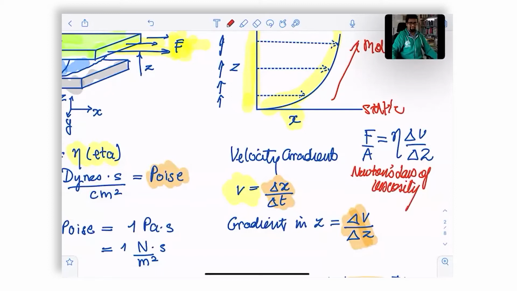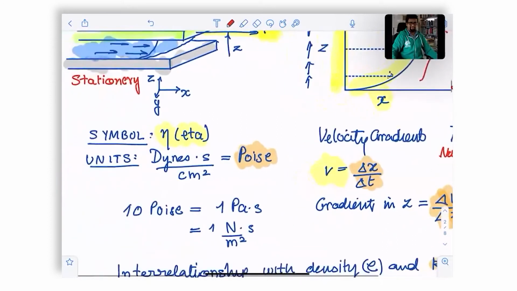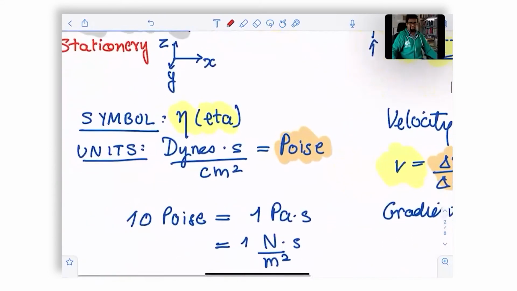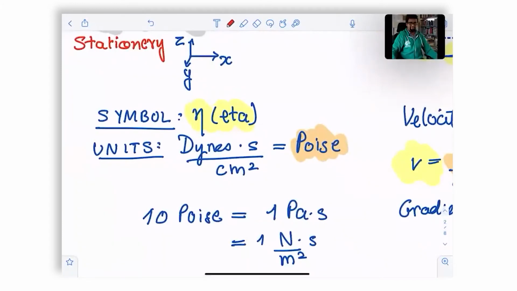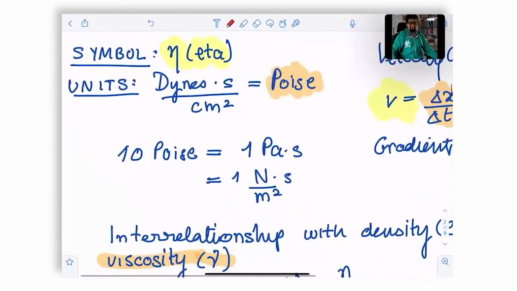What are the units? It's a physical quantity, so we must obviously define the units and the symbol. So the symbol that is typically used in physics is eta. This is the Greek letter eta. And the units can be in CGS units, dynes times seconds per centimeter square, which is also defined as poise in honor of a scientist who came up with many of the basic concepts of viscosity.